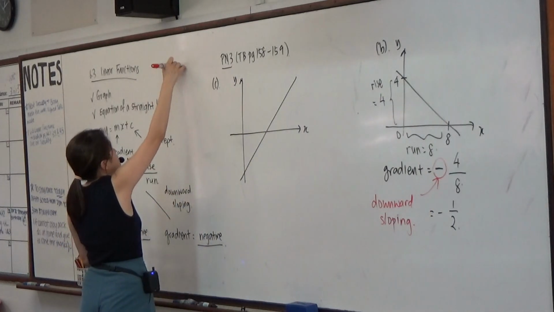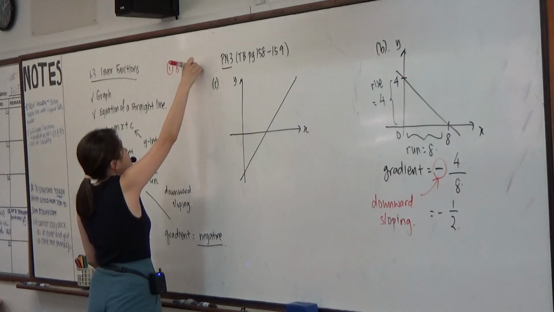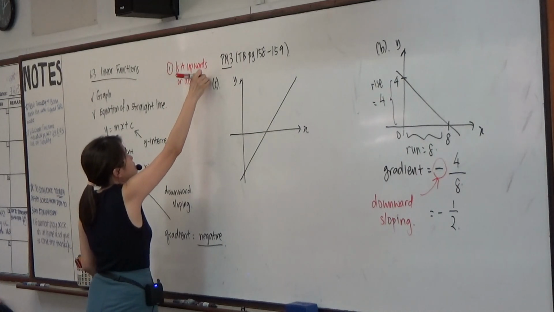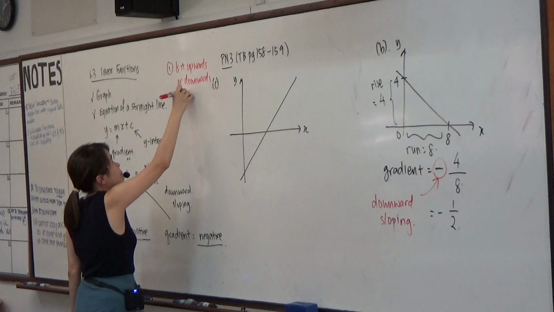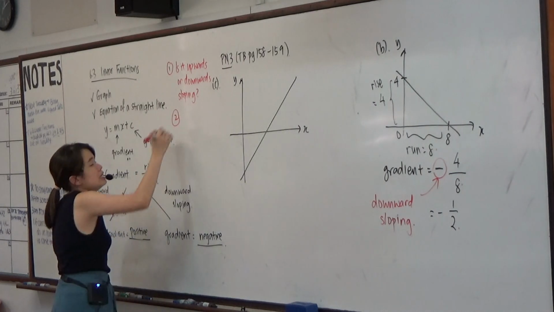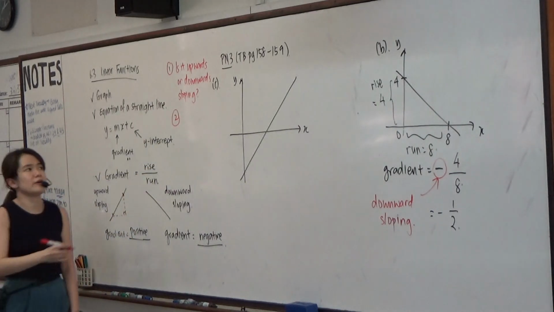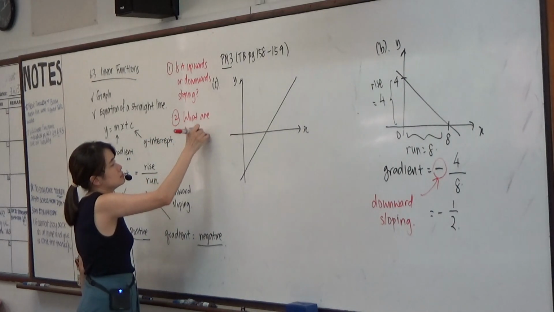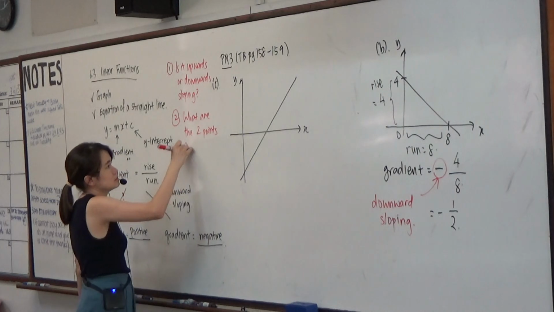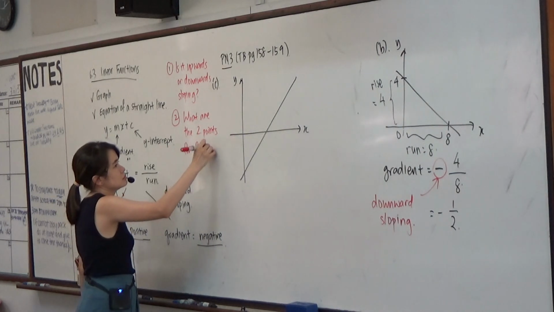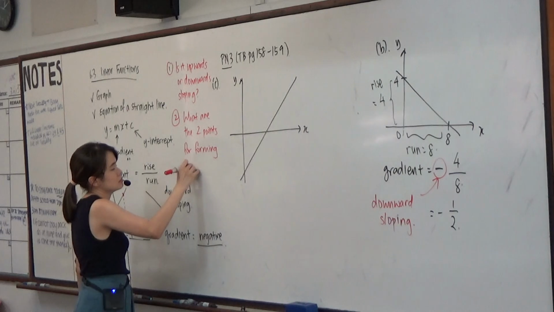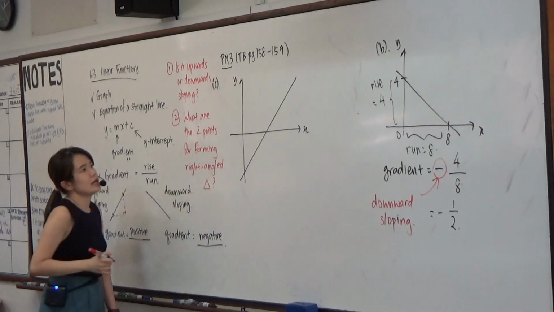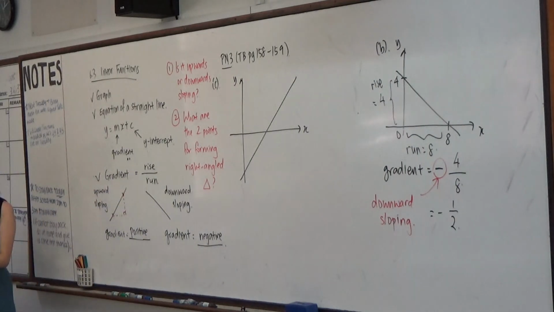So second is what are the 2 points? Okay, what are the 2 points forming your right angle triangle?